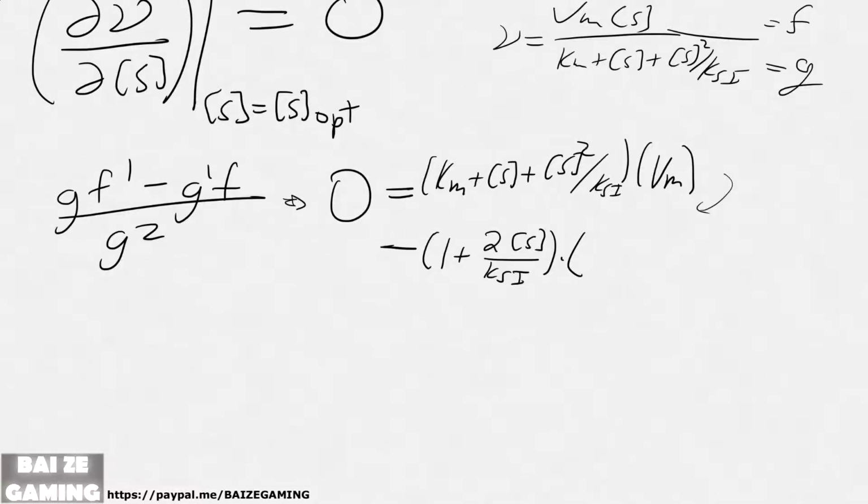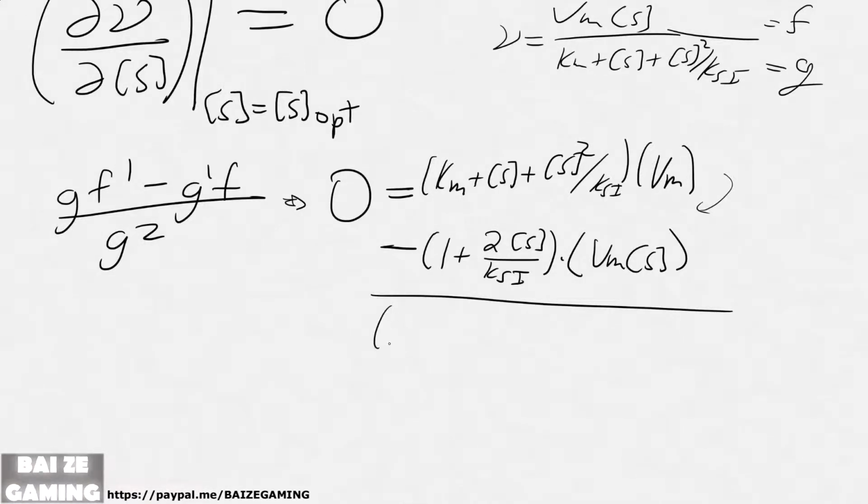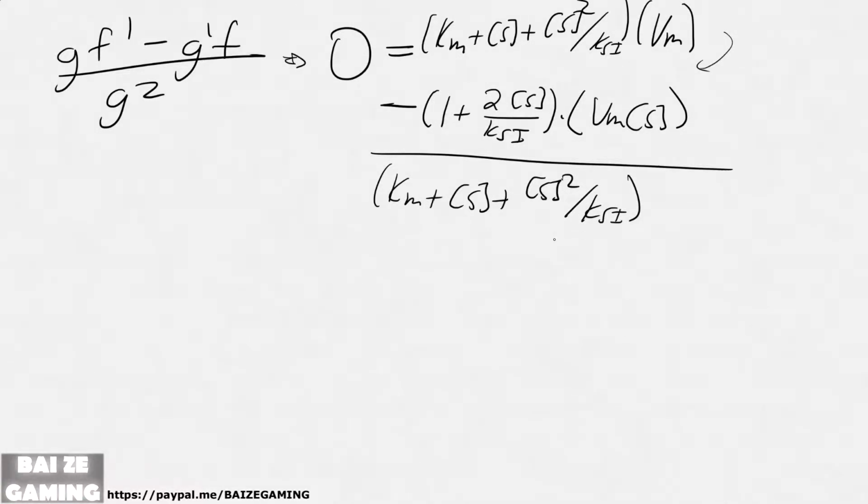And we multiply it by f, and that's all over g squared. Oh no, that's going to be messy. What am I getting into? No, it's not too bad, it's just arithmetic. Okay, and we simplify it.